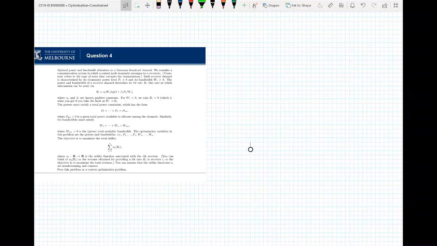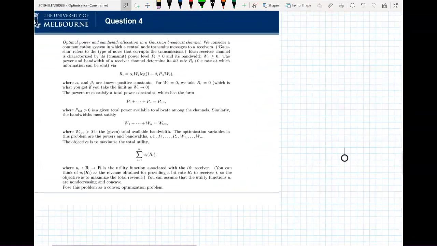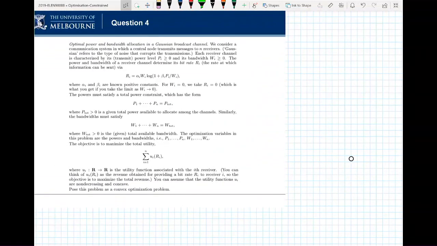There is a long story here with a wireless communication example with the optimal power and bandwidth allocation in a Gaussian broadcast channel. If you have taken comms in electrical engineering, you will be familiar, but if you haven't, you can also see it as an abstract formulation. So we have the bit rate Ri, which is determined by certain parameters like the bandwidth, and there's this beta, the constants, and then the power level.